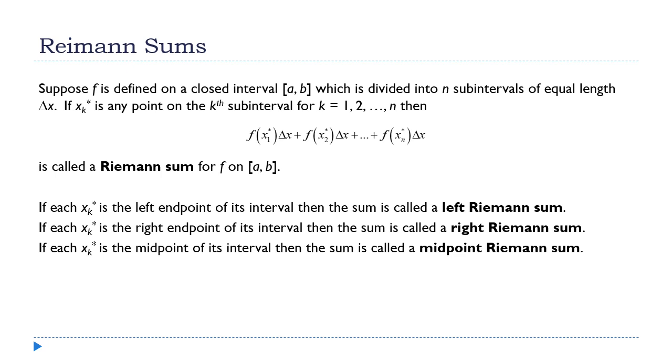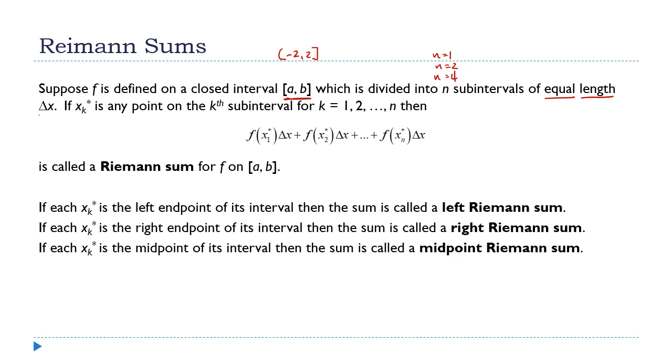This is saying, suppose f is defined on a closed interval a, b. In my example, this was -2 to 2, which is divided into n subintervals. Okay, the first time we did this, n was 1, then we did 2, and then we went up to 4, of equal length, right?